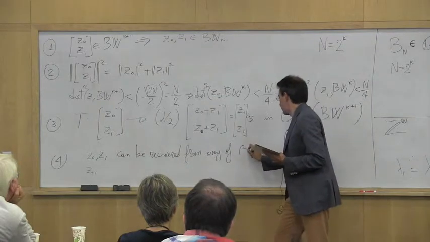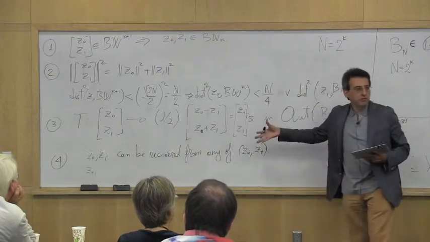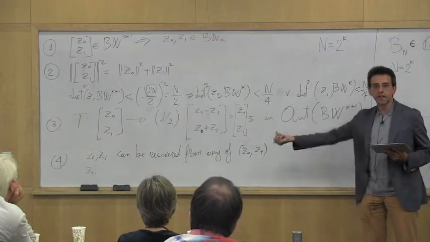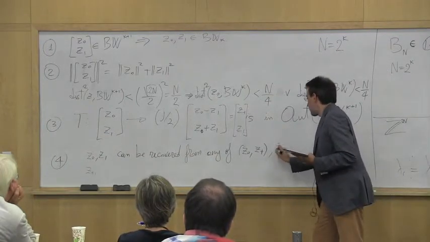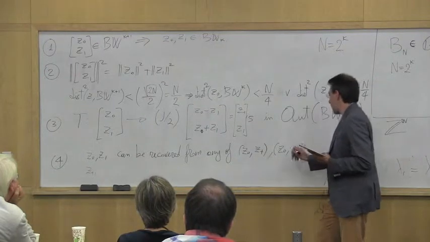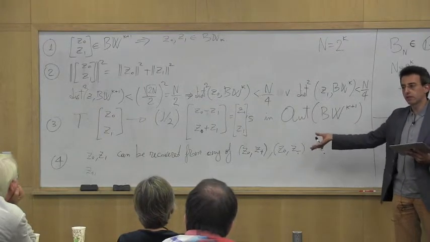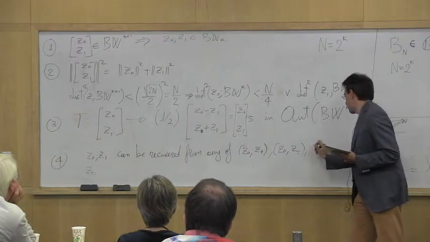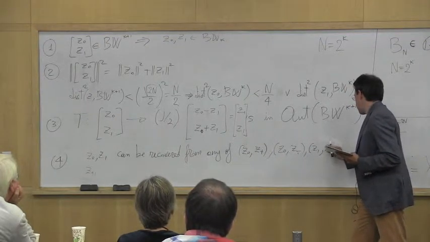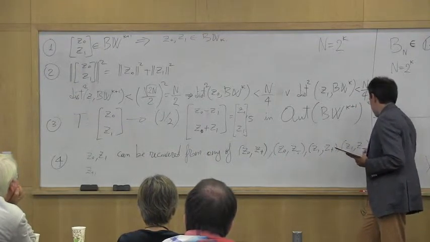So if I give you z0 and z plus, then just using linear algebra, you can recover z0 and z1. They are related by an invertible linear transformation. If instead I give you z0 and z minus, again, you can recover z0 and z1. z0 is given to you, and you can also recover z1 combining those two together. And the same is also true for z1, z plus, and for z1, z minus.